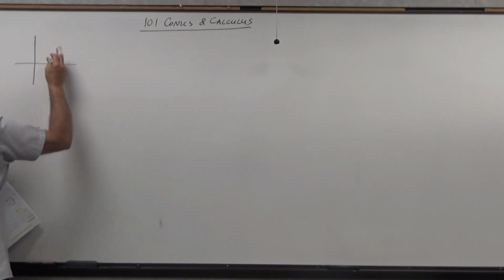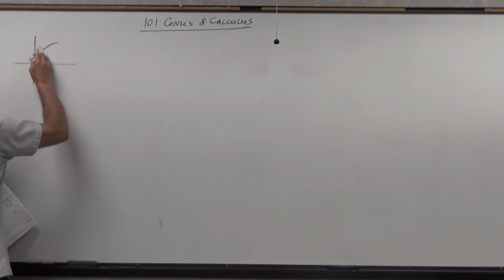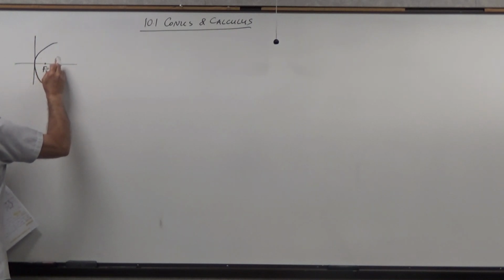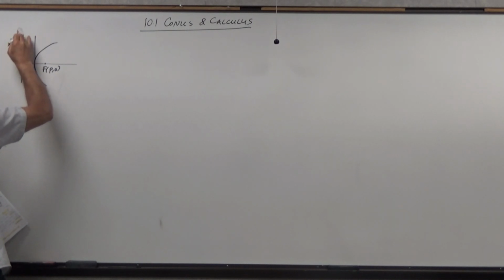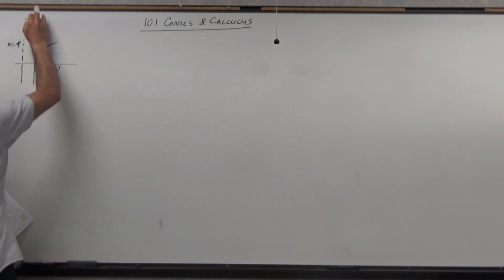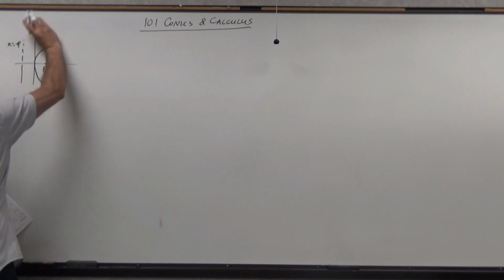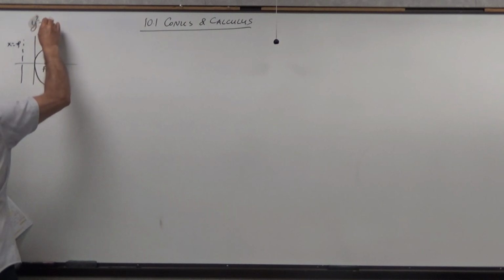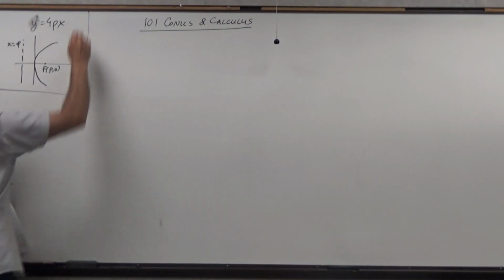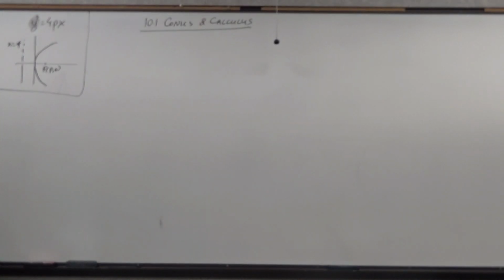I usually like the horizontal one. So here is the parabola. Where is the focus? It is at (p, 0). Where is the directrix? At x equals negative p. What is the equation? y squared equals 4px. That's what you need to know. No matter what we do, I memorize this and then I adjust it depending on the problem.